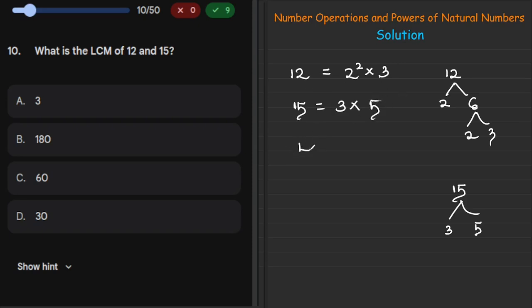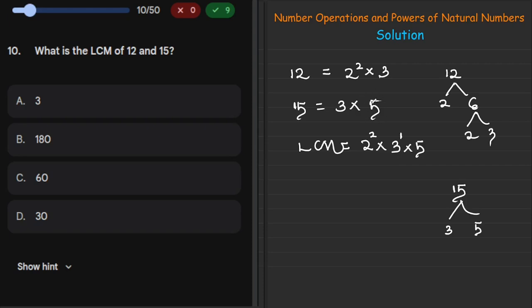Hence, if you want the LCM, as I said earlier, we are going to multiply all the prime numbers. So 2 occurred, 3 occurred, and then 5 also occurred. But the powers are going to be the highest among all of them. For the 2, the only one that we have is that with the power 2 over here. So you put 2 squared. Then for the 3, they all have the same powers, so we have 1 here.